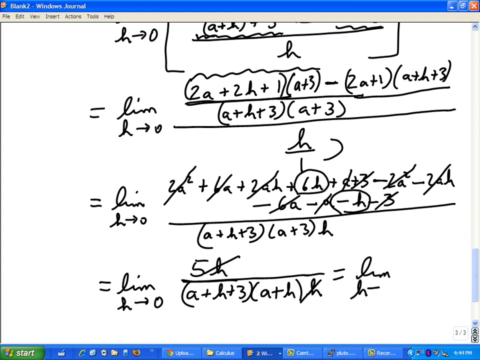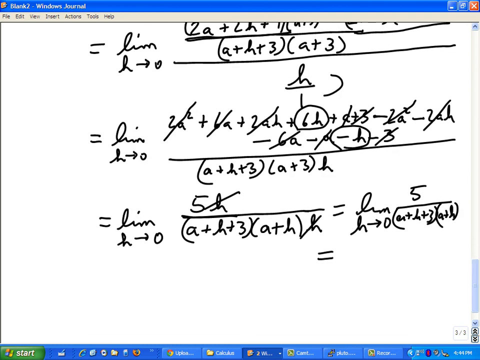And folks, believe it or not, I can calculate that limit, because as h goes to 0, there's not much bad happening. The 5 stays 5, and the h is gone. I've got a plus 3, and I've got a plus 0. So that is it. That is the derivative.